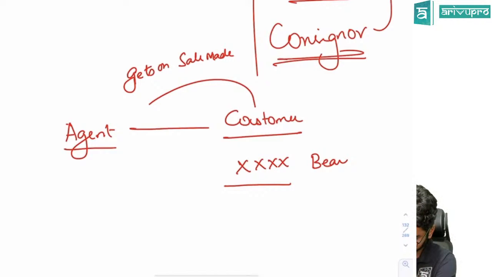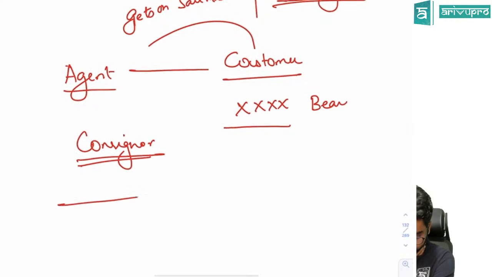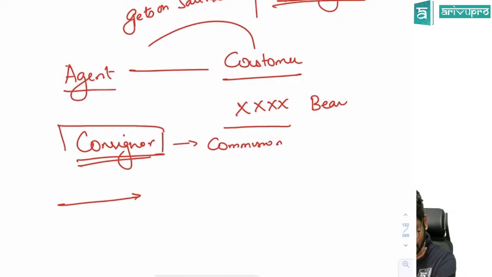Correct. Now, the consignor bears the loss, and you're going to be paying the commission just on the sale. This is a normal commission.